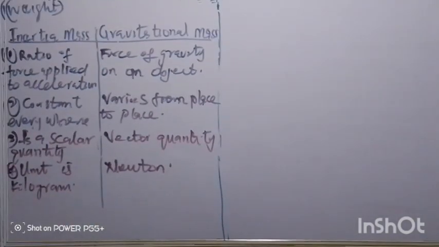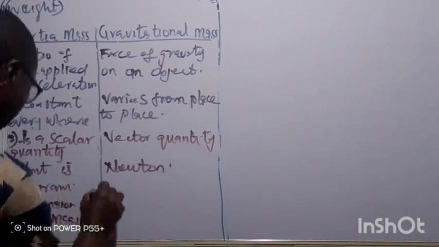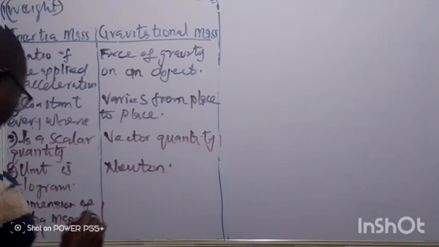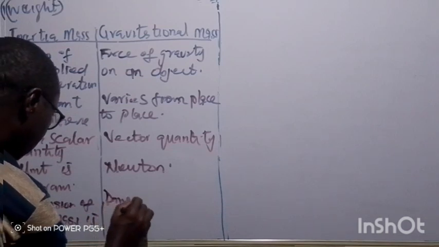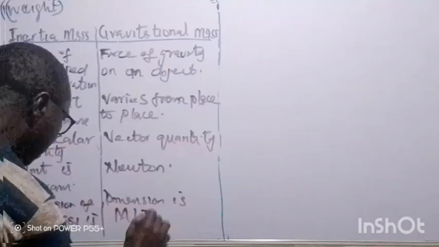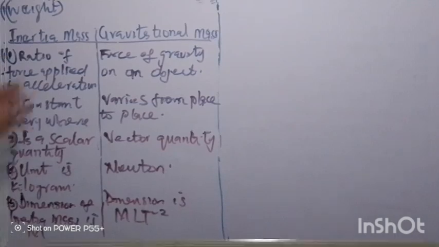Number five, the dimension of inertial mass is capital M, while the dimension of gravitational mass or weight, since it is a force, is M L T raised to power -2. Those are the possible differences between the two quantities.